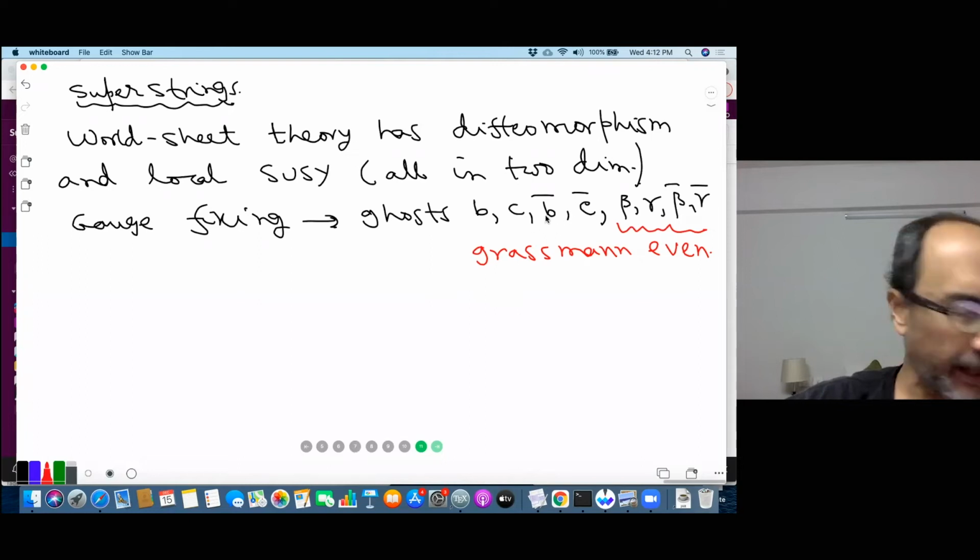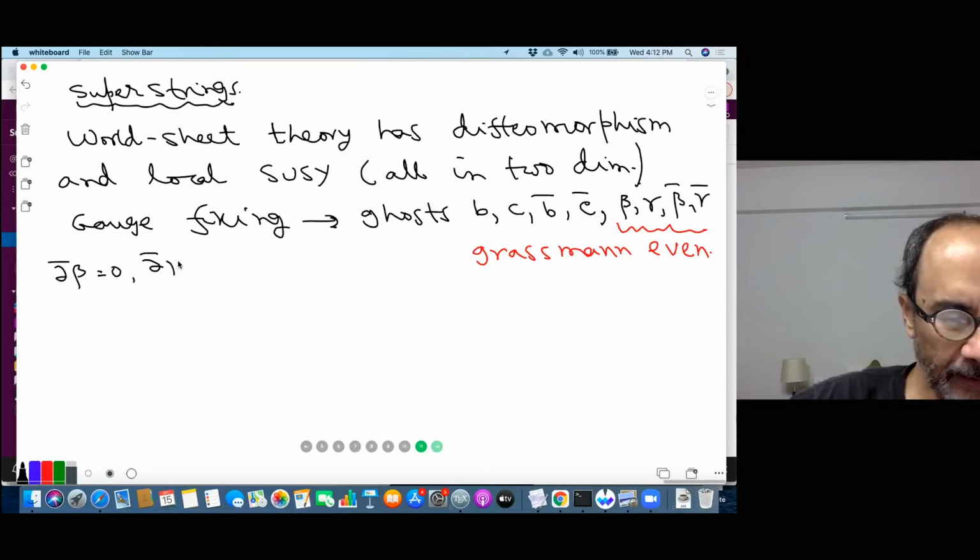These are Grassmann odd as well. And just like b and c were holomorphic and b bar, c bar were anti-holomorphic, a similar property exists for these. So we have del bar beta equal to 0, del bar gamma is 0, del beta bar is 0, del gamma bar is 0.